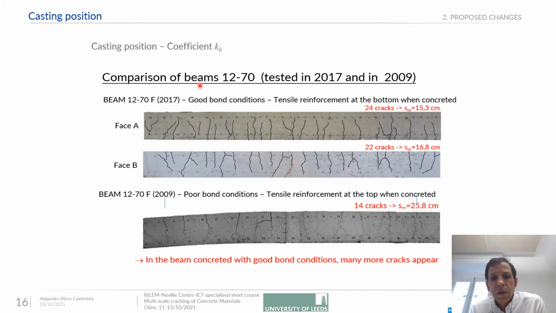Whereas in the elements we tested in 2017, the reinforcement was at the bottom when cast, and they were cast in the laboratory. So we realized that this could be a problem of casting position.